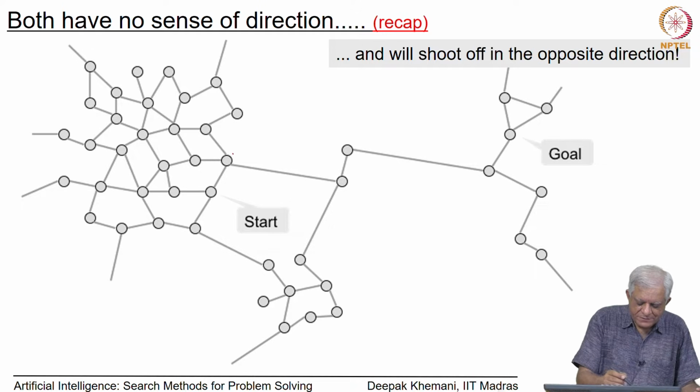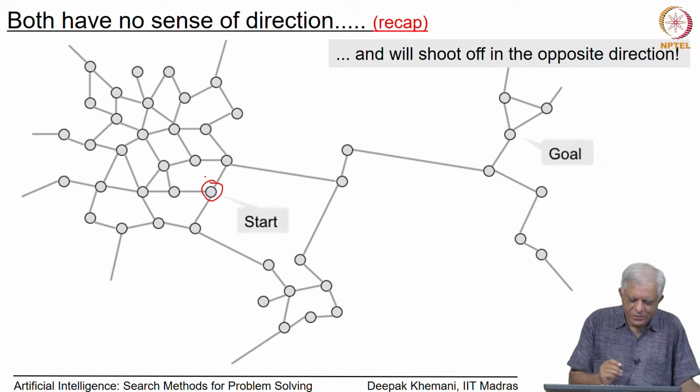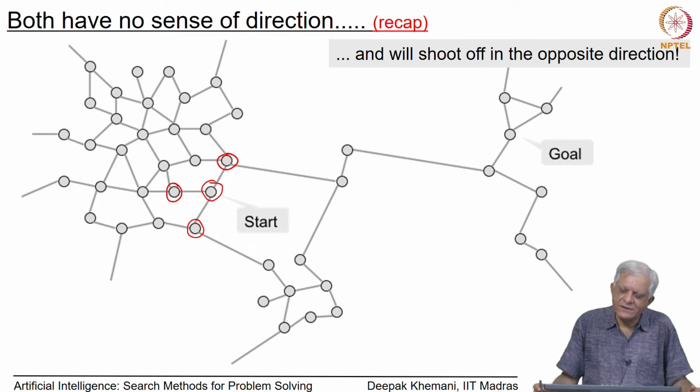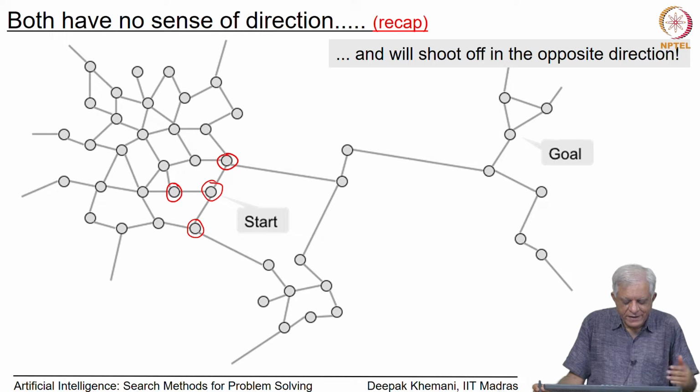So, given that this is a start node, both algorithms will look at the neighbors of this start node, which are these 3 neighbors, and will try to see whether they have found a path to the goal or not. In the case of branch and bound, in the case of Dijkstra's algorithm, it will continue till it has explored the entire graph.